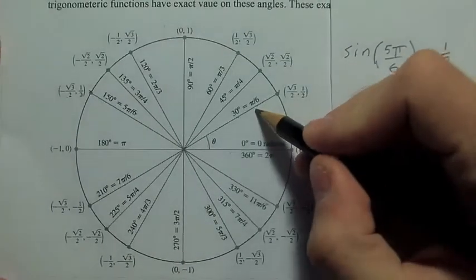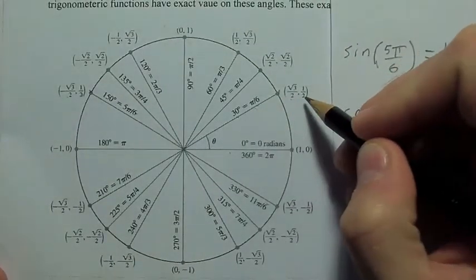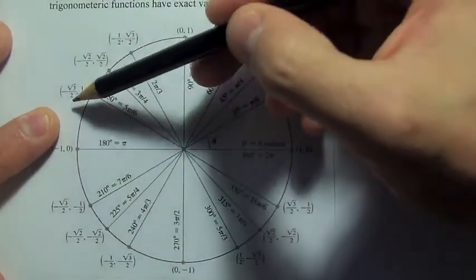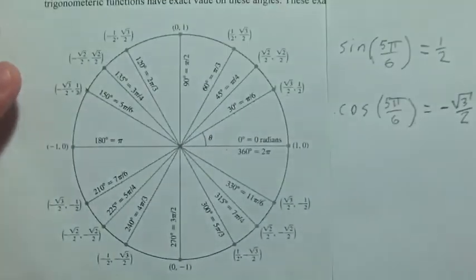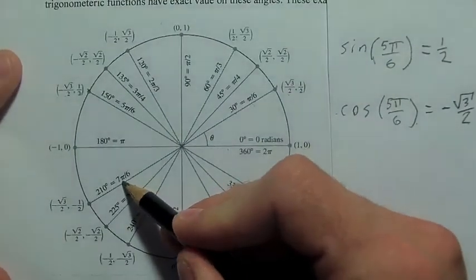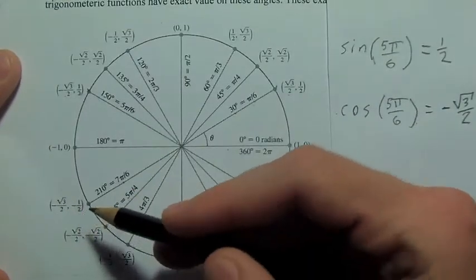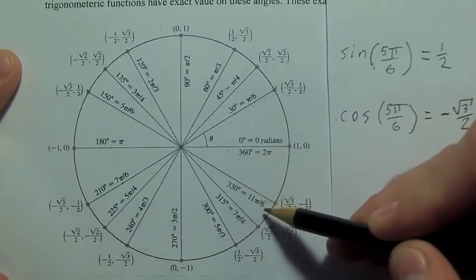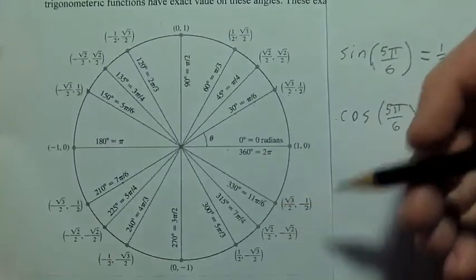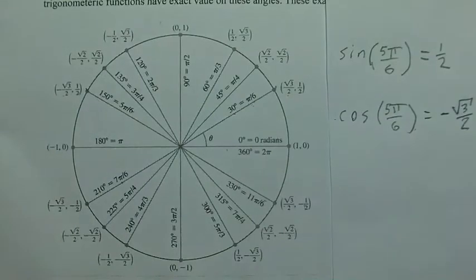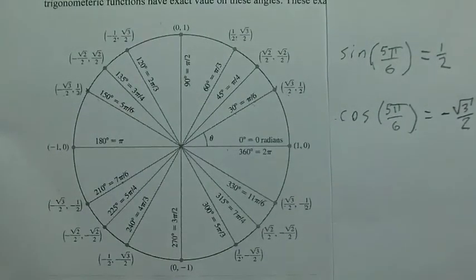For pi over 6, it's square root of 3 over 2, comma 1/2. For 5 pi over 6, it's negative square root of 3 over 2, comma 1/2. For 7 pi over 6, it's negative, but the same numbers. And for 11 pi over 6, it's positive, negative. So we have the same numbers, the same magnitudes, only the signs are changing.